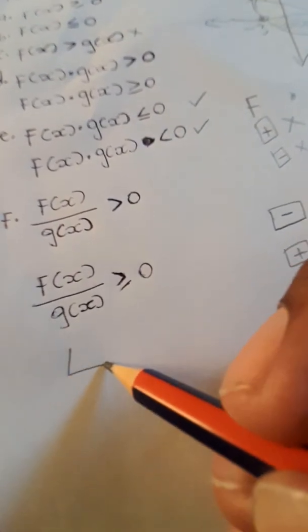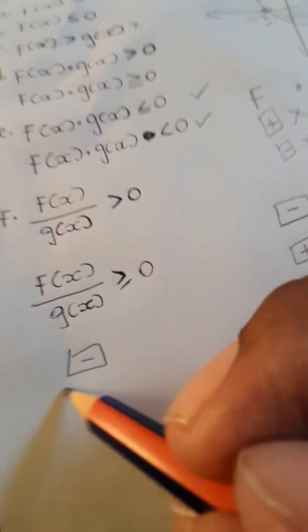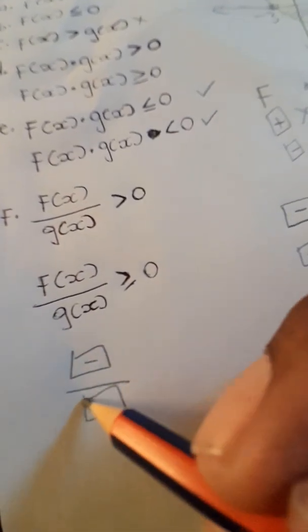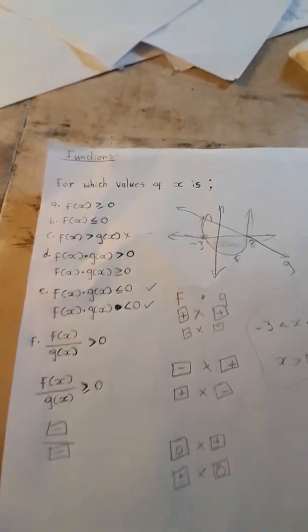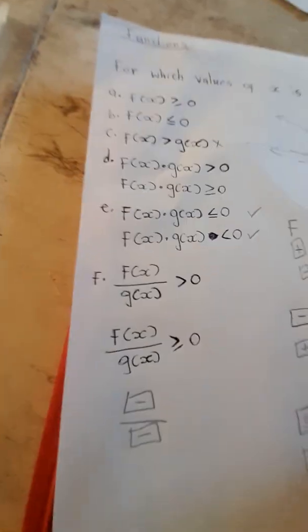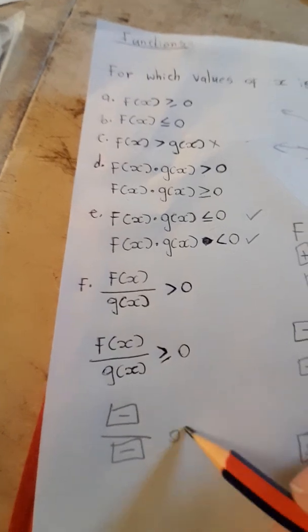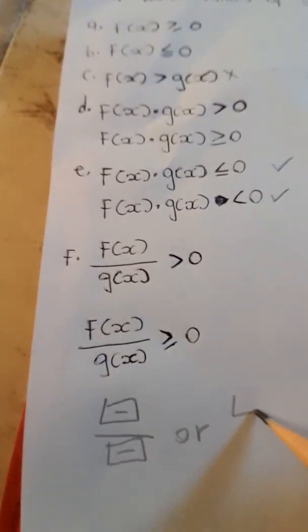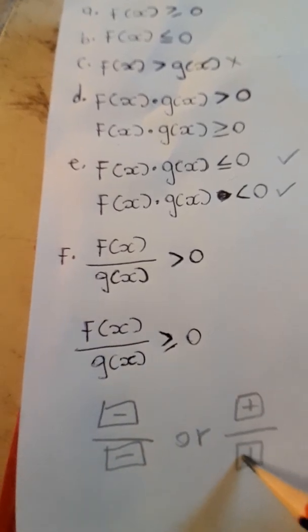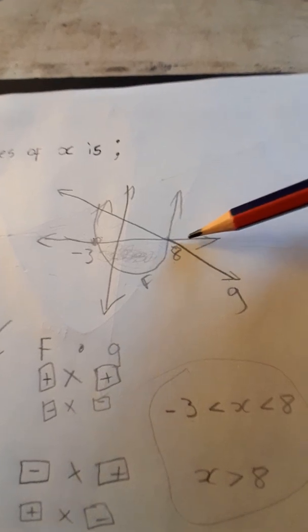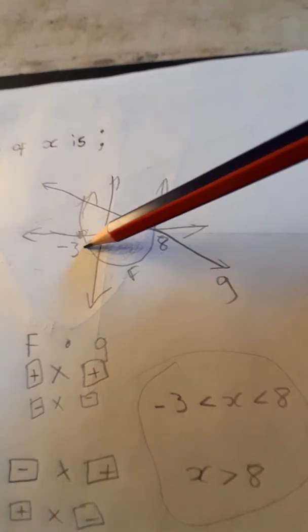It is only possible if we have negative values of f of x over negative values of g of x, or we can have both being positive. Let's look at our diagram.